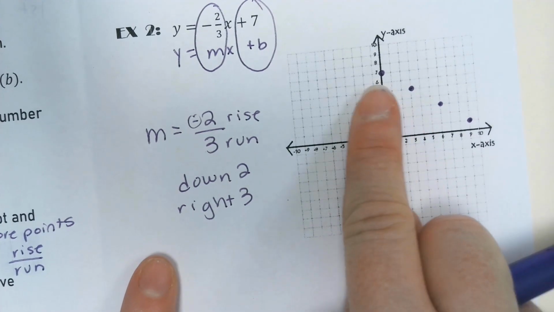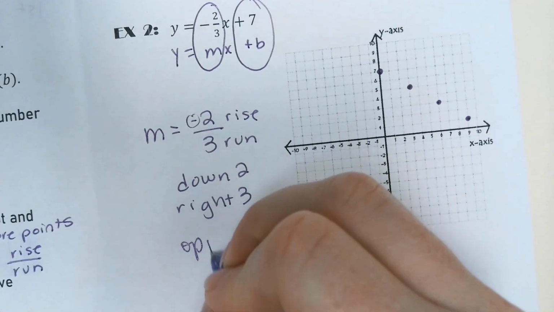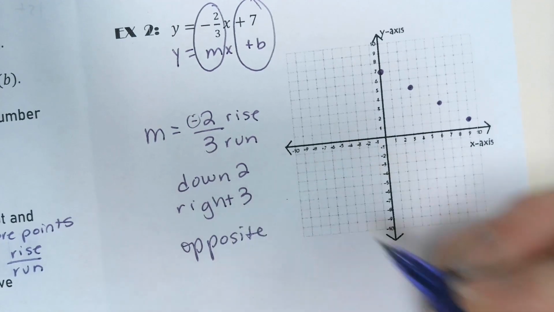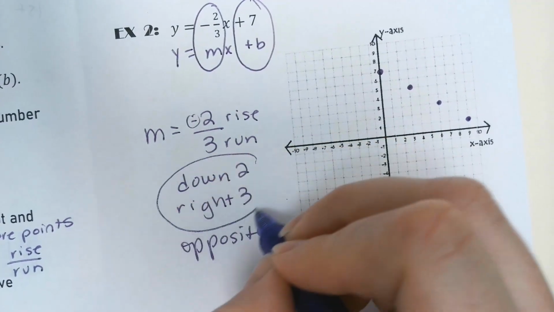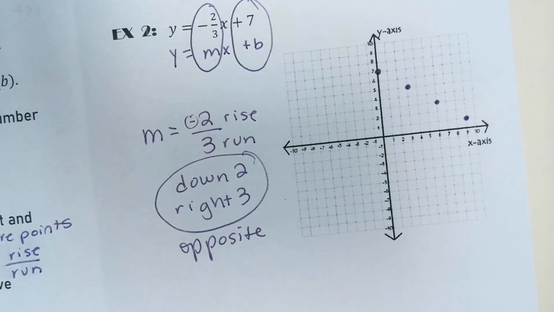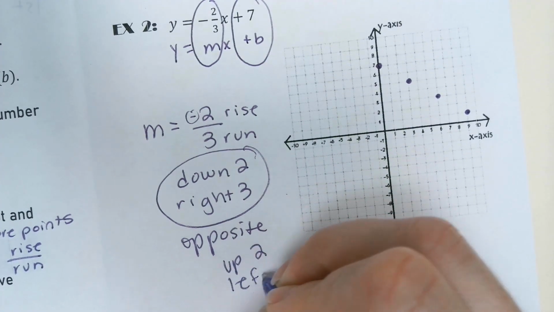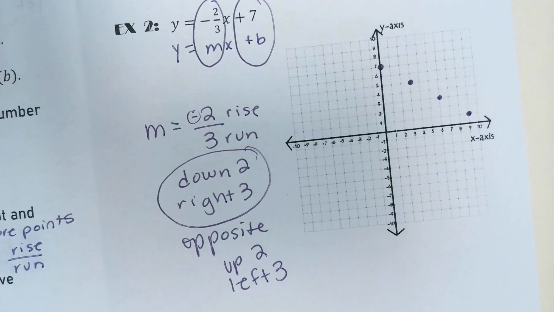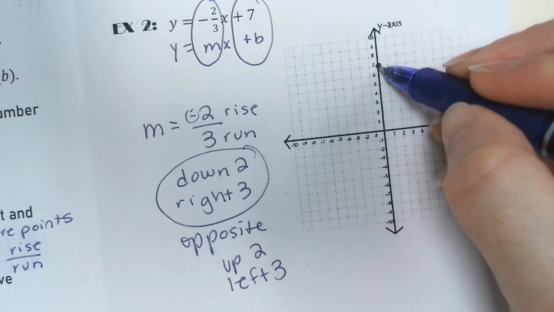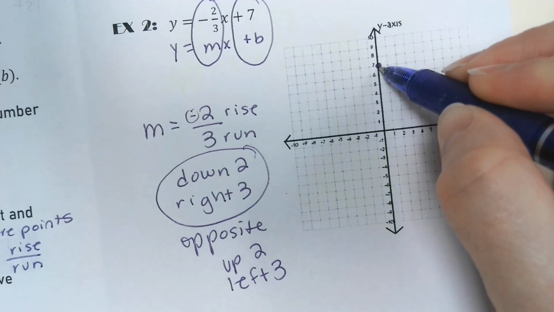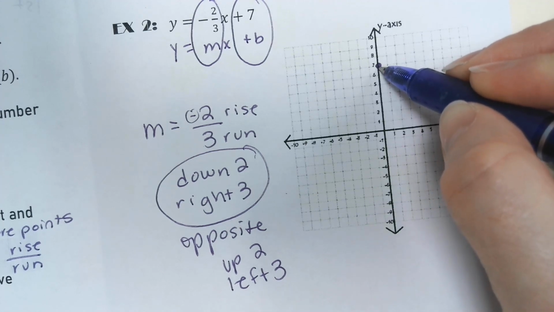Then to get the points on the other side, we do the opposite. The opposite of down 2, right 3 would be up 2, left 3. So go back to your y-intercept. No matter where you're at, go back to your y-intercept.